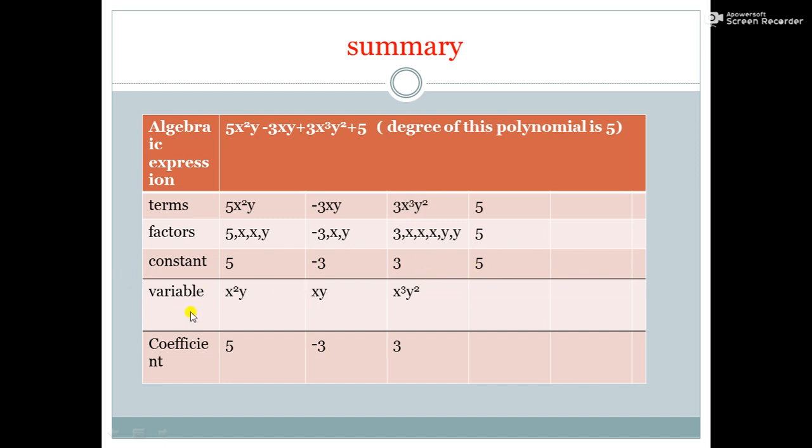And the variable of the first term is x square y, the variable of the second term is xy, the variable of the third term is x cube y square, and there is no variable in the fourth term. And the coefficient of x square y is 5, the coefficient of xy is minus 3, the coefficient of x cube y square is 3.